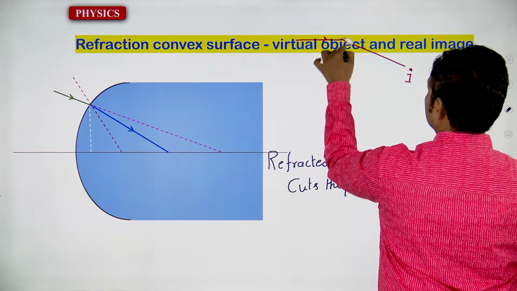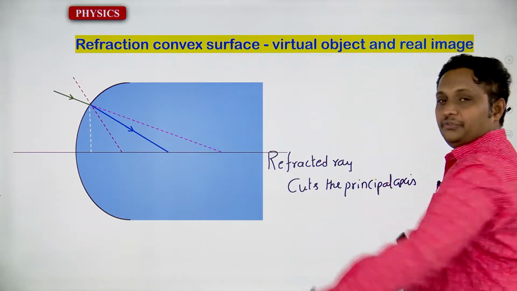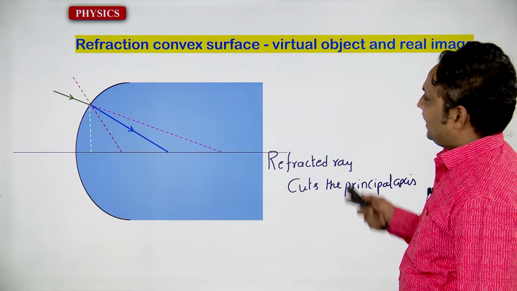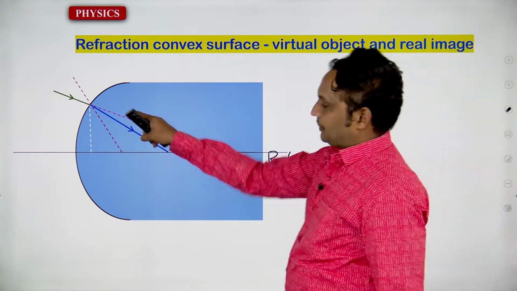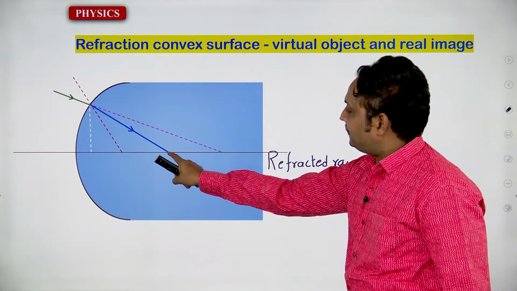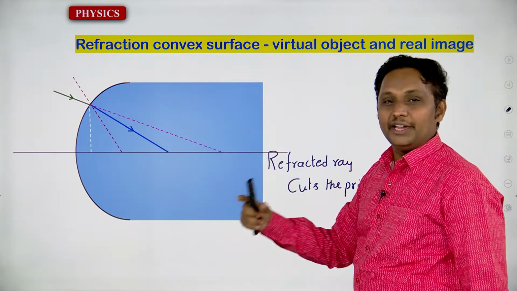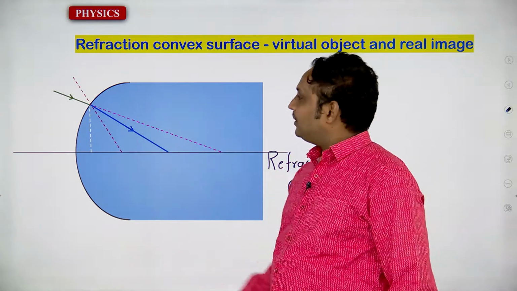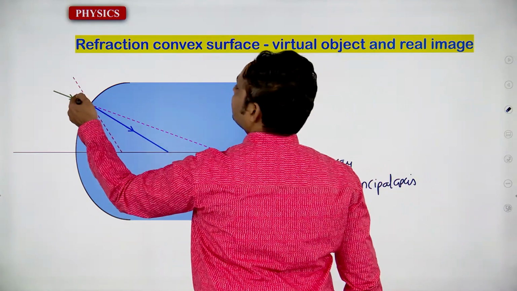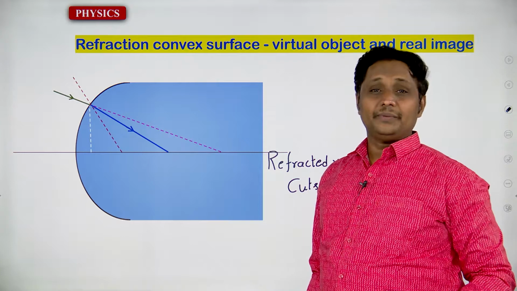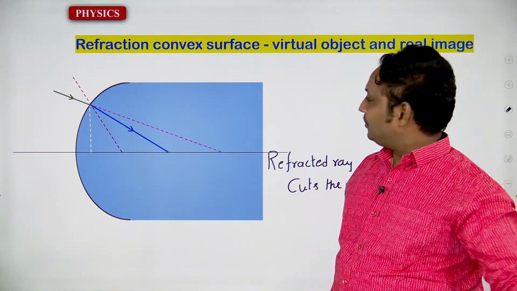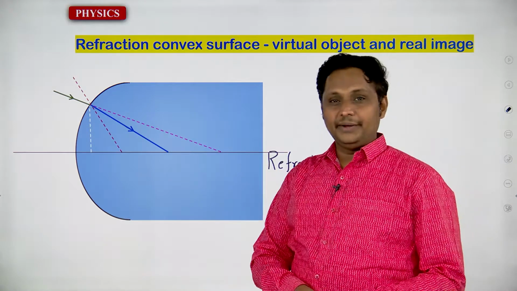The light ray after the refraction will cut the principal axis at this point. You will find the origin of this light ray. Please have a look. The light ray has been incident from somewhere else.